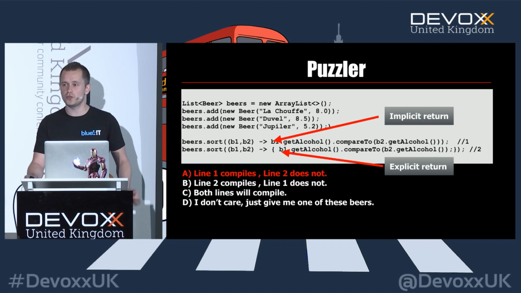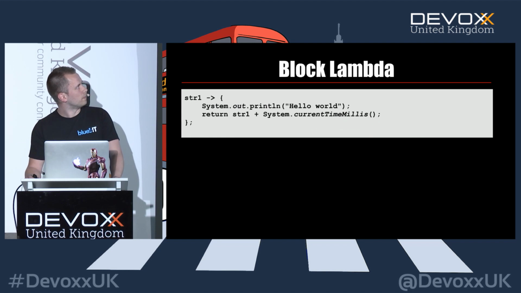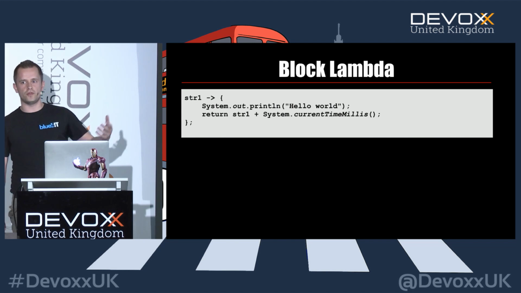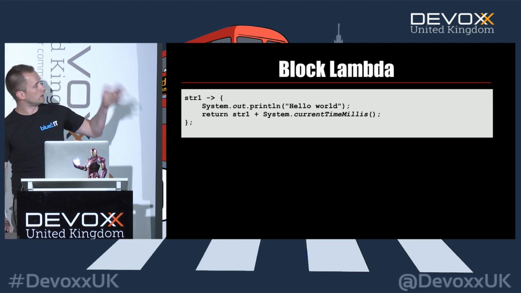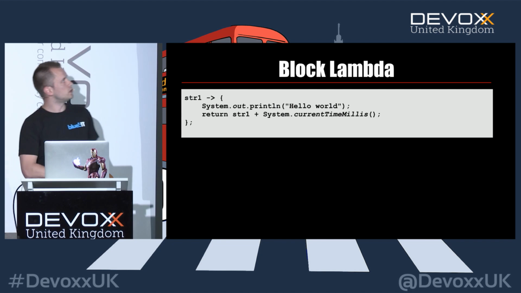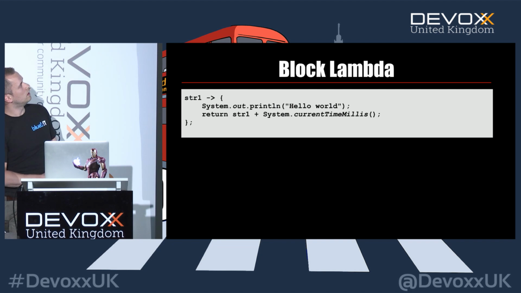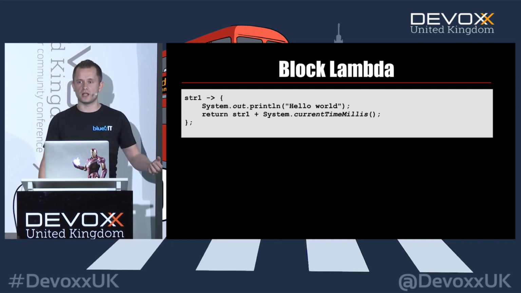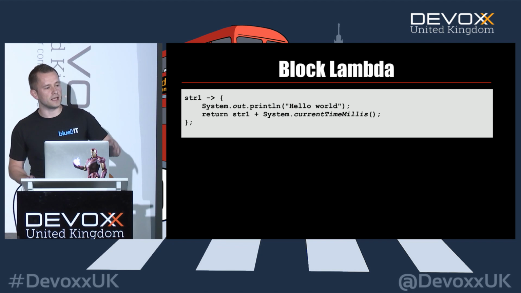The second one, I need to have the keyword return on it because I'm writing a block lambda. Normally, you would write a block lambda like this. I'm doing two things in my lambda. I have an input doing a side effect, and then I'm giving it an output. And you see the return statement over here, right? That's because I'm using the curly braces. And actually, what I'm doing is I'm implementing a function body.